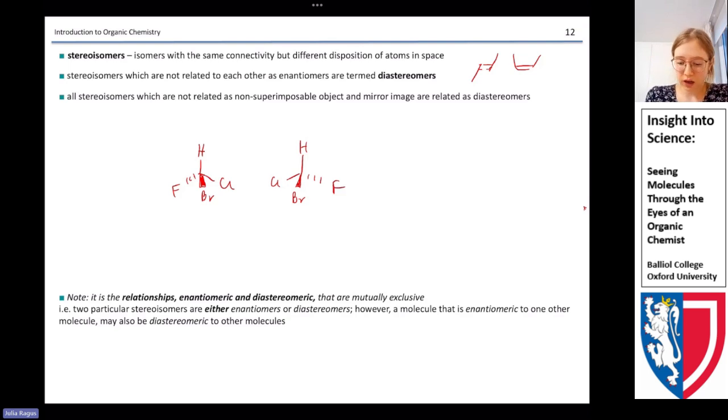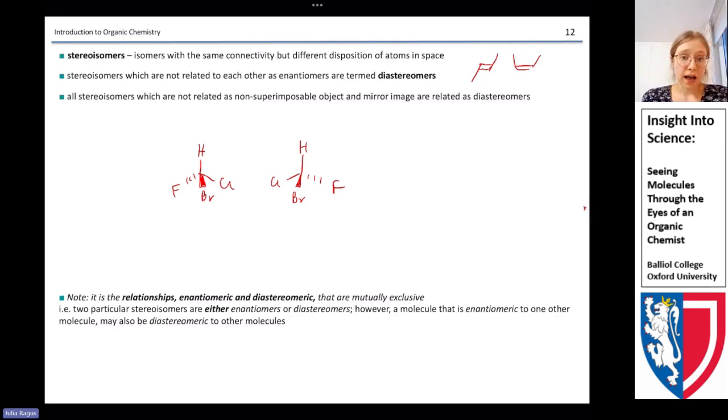If we look at our alkenes in the top right corner, then we can describe them as diastereomers. And bear in mind that those terms are mutually exclusive. Two particular stereoisomers are either enantiomers or diastereomers, but they can have a different relationship with different molecules of a similar kind.